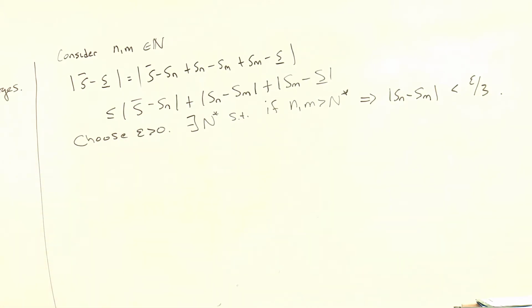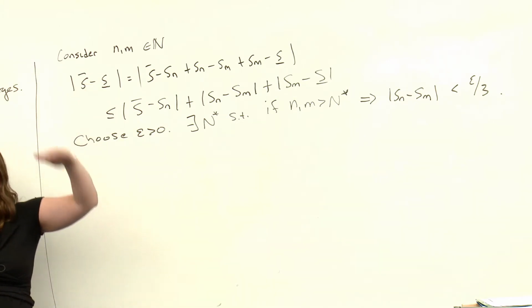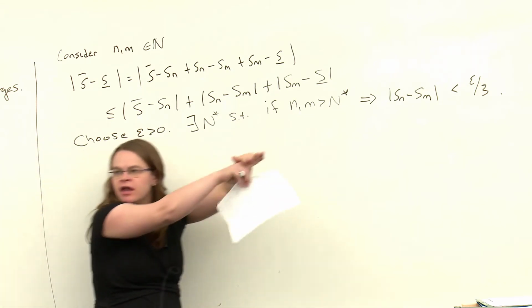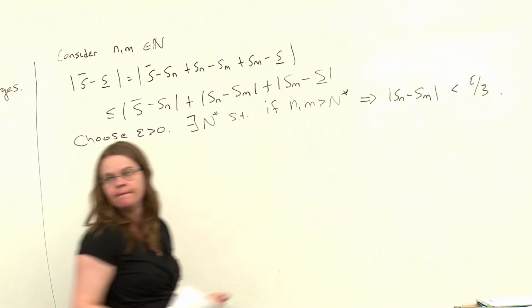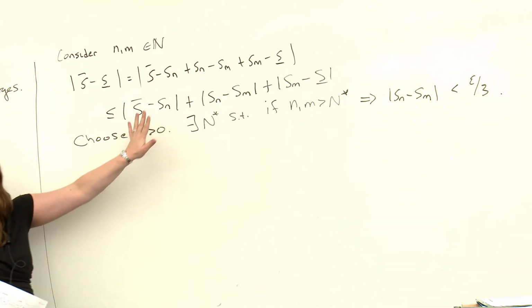But what do we know? We know that no matter how big this n star is, I can always find an n that comes up close to it again, because this is my least upper bound in the limit. It's not only an upper bound, but it's the tightest upper bound I can find. The sequence keeps getting close to it again. It might deviate away, but it gets close again. So it is not true that any old n will make this small necessarily.